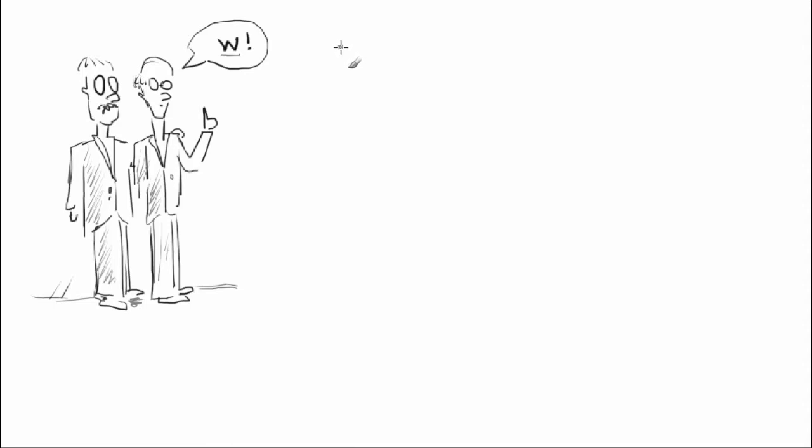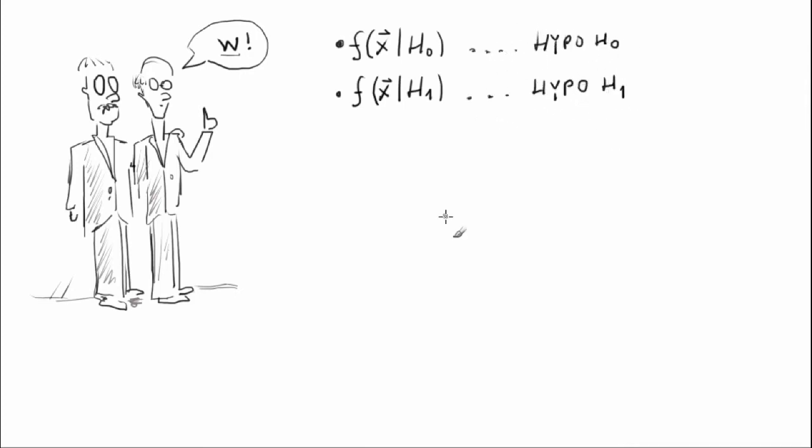Let's assume f of x-vector given H0 and f of x-vector given H1 are PDFs for data given hypotheses H0 and H1. Then W is defined by the following prescription.